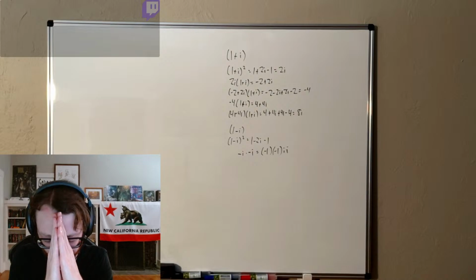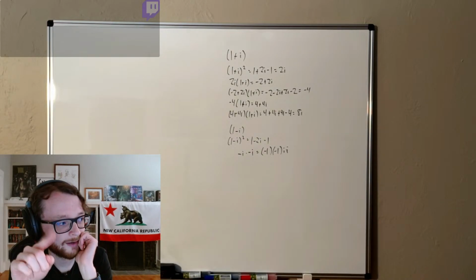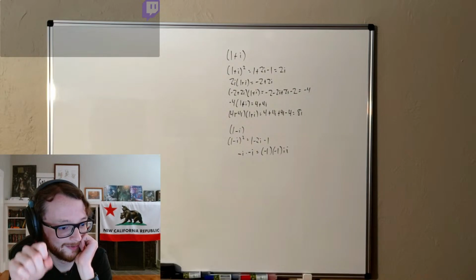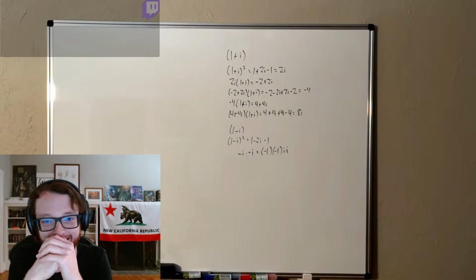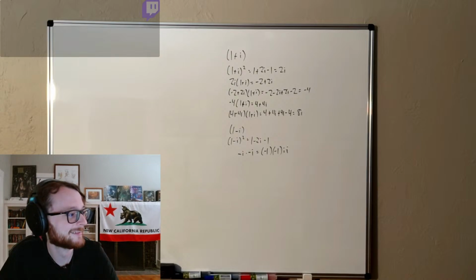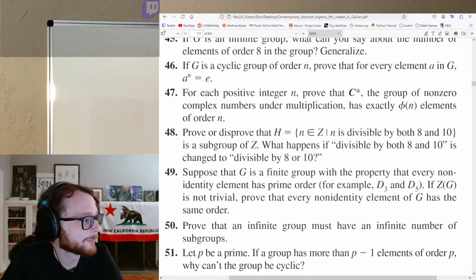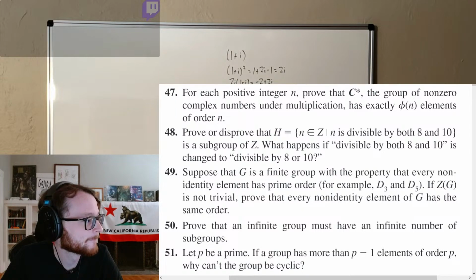Is that even true? It should be negative i to the 4th. Negative i times negative i is negative 1. Negative 1 times negative i is positive i. Positive i times negative i is 1. I don't know what I said it was before, but I hope I said the right thing.